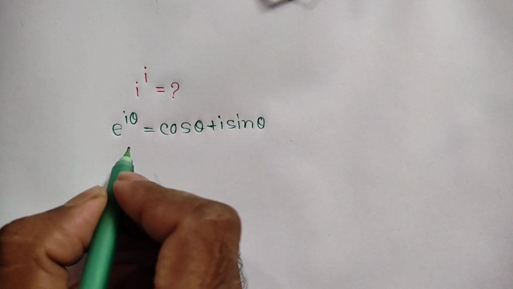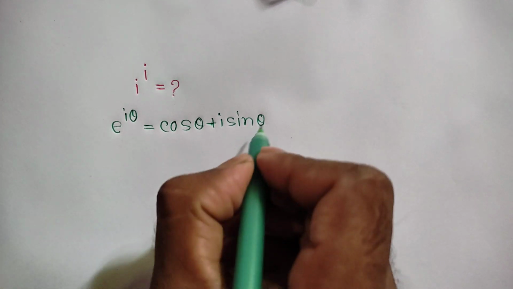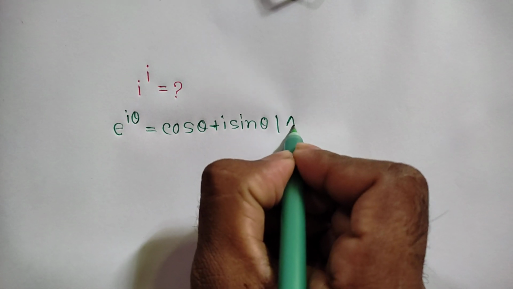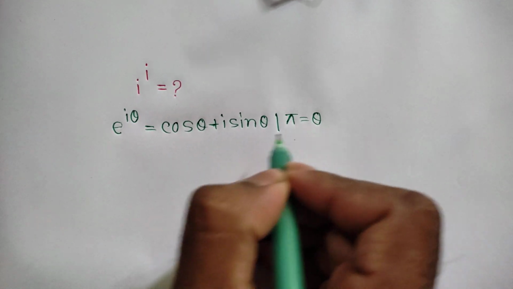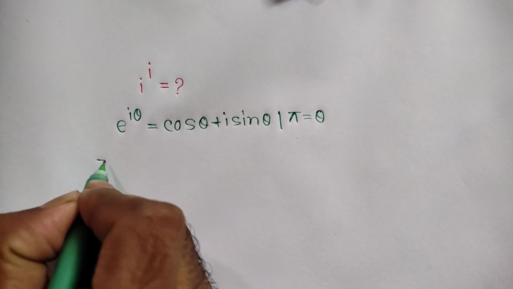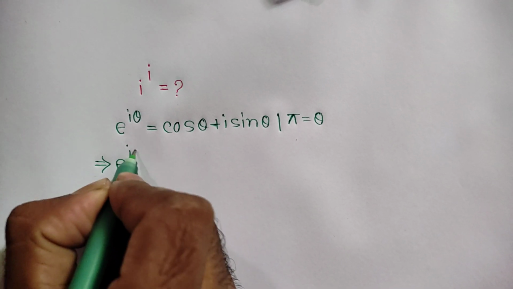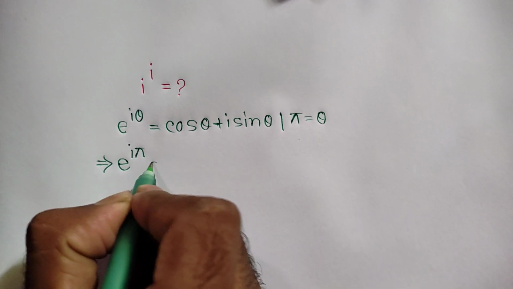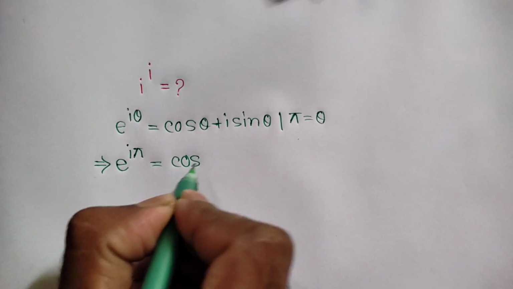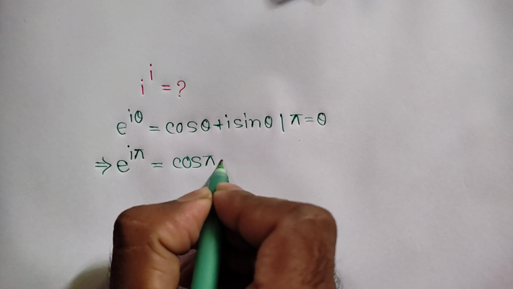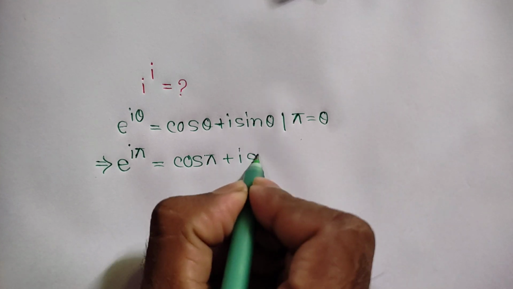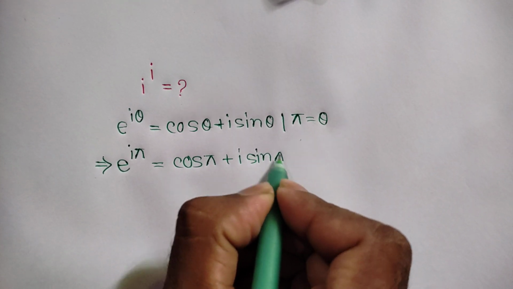Now substituting theta equal to pi, we can write here e to the power i pi is equal to cos pi plus i sin pi.